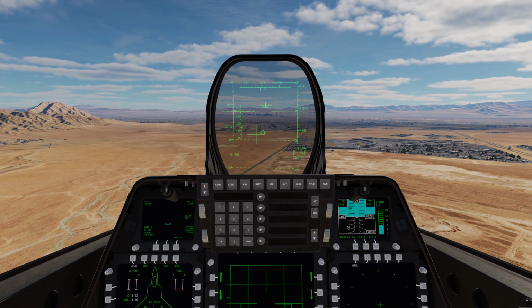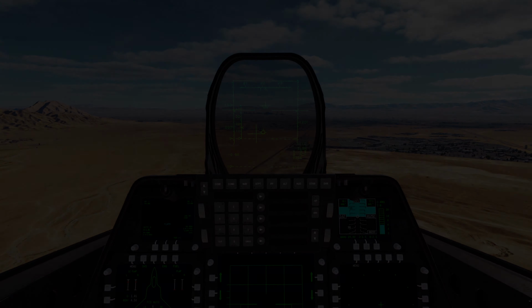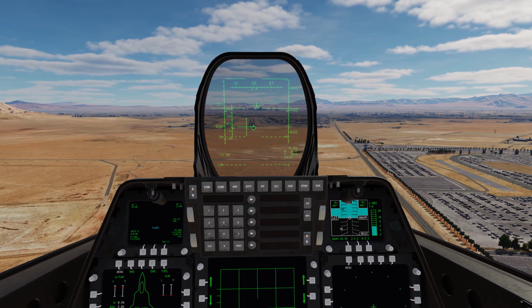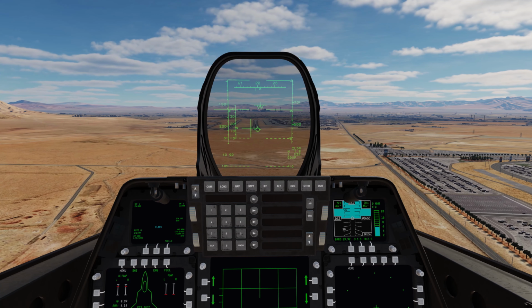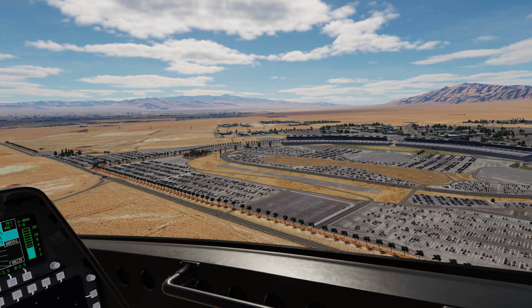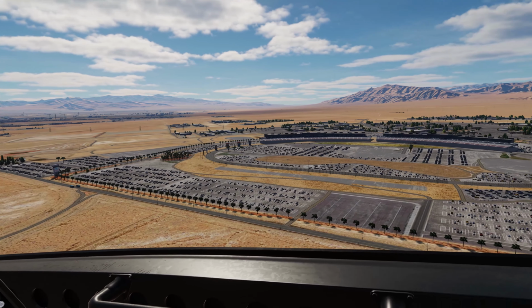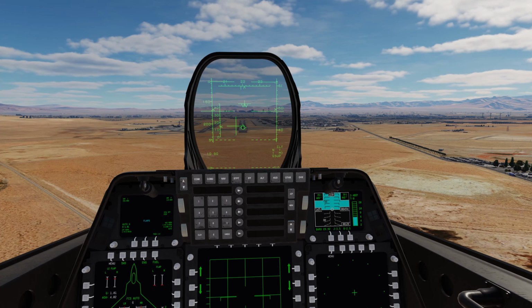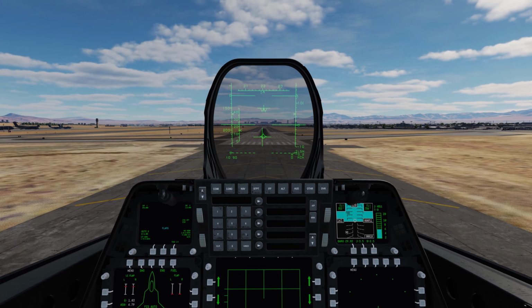Approach. We're on glide slope. Runway. Looks like there's a race going. Over the threshold, start our flare.